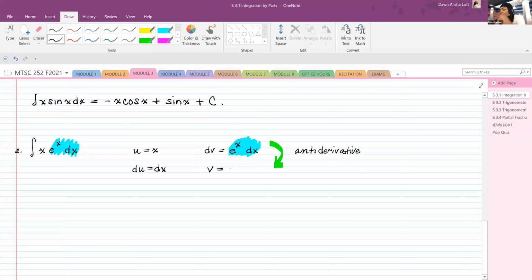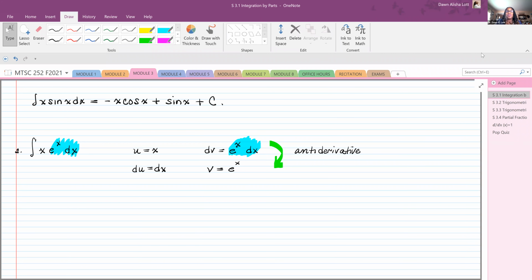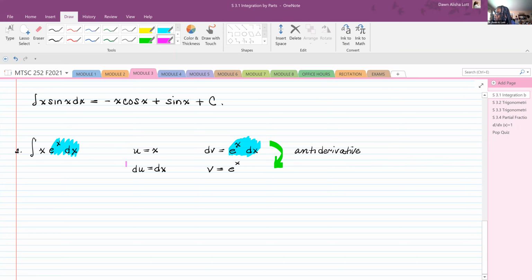Professor, we just did the antiderivatives. You're right. I hope I'm not making hideous mistakes with y'all, because that's not going to help you at all. So yes, the integral of e to the x is e to the x. Here you're finding the antiderivative; there you're finding the derivative. So you find the derivative on this side.